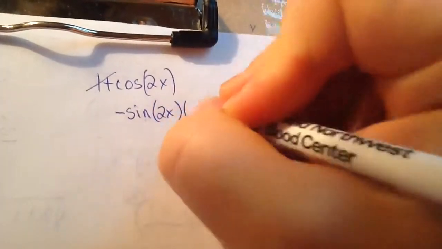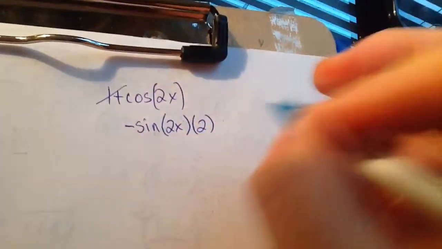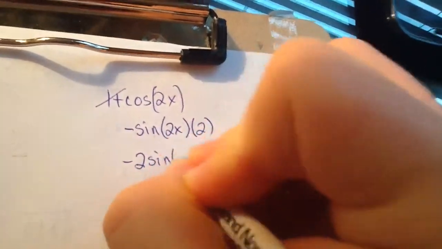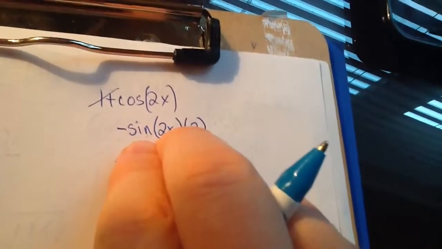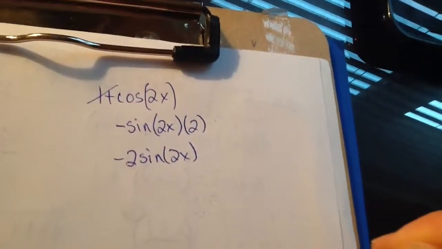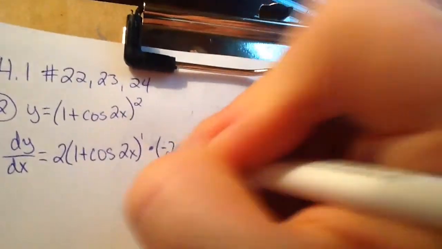Multiplied by the derivative of the inside. So the derivative of 2x is just 2. Write it like a normal person, and you have negative 2 sine 2x. Remember, these go together. That's multiplied by it. So usually just put it out in front. So there's my derivative of the inside, and that's what's going to go right here.